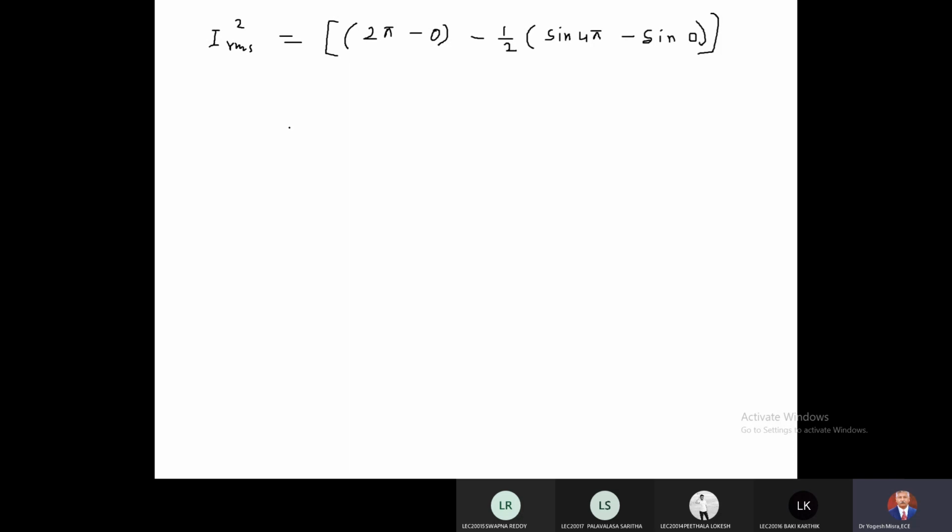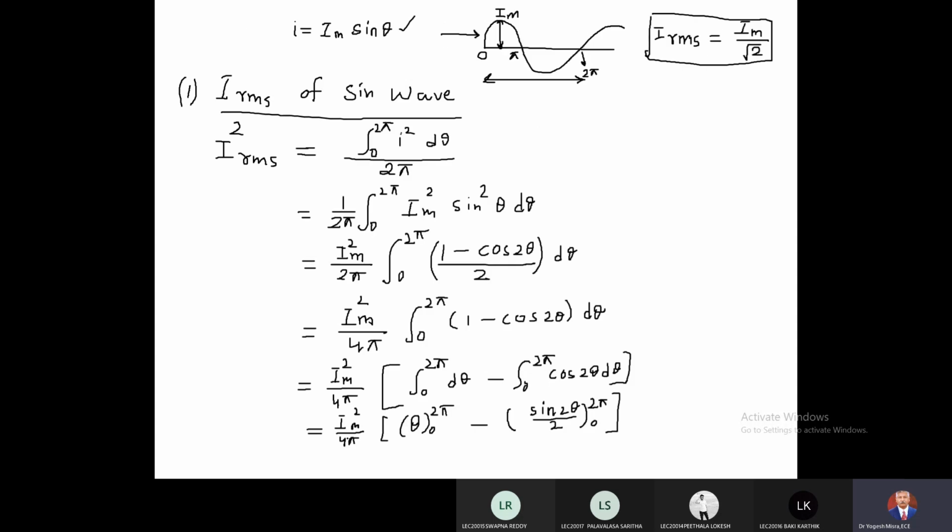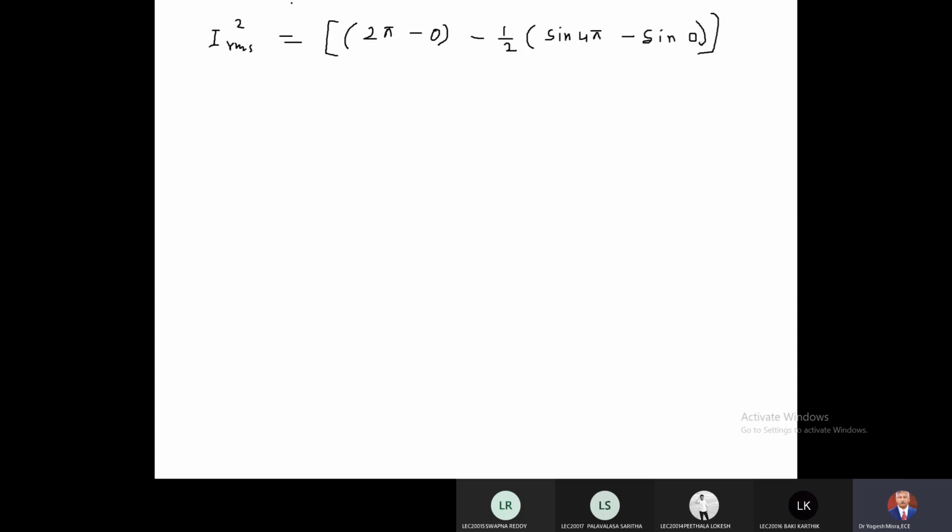Oh, this term I have missed here: Im square by 4 pi. So I will write here Im square by 4 pi.